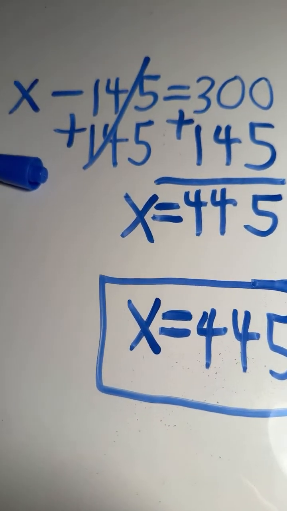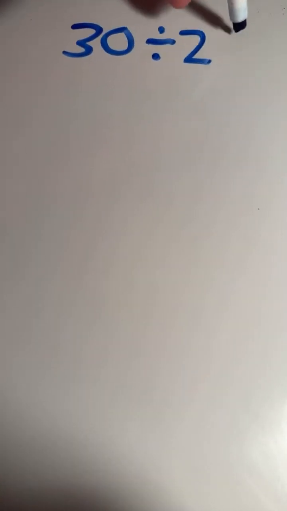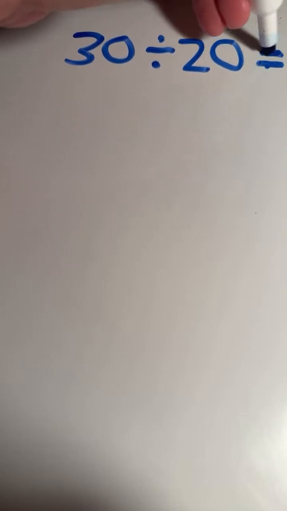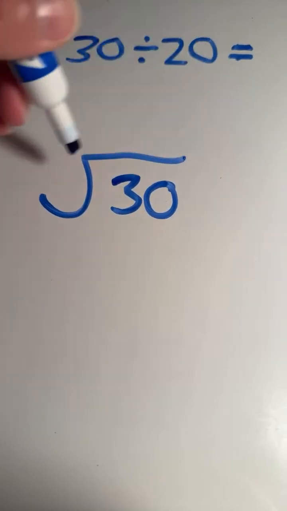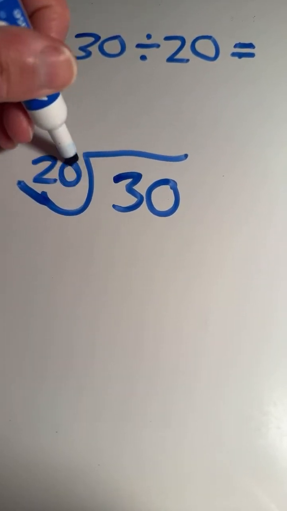So the final problem of the video, 30 divided by 20. So we have a division problem, and another way to write that would be like this. Same problem, it's just written in a different way.